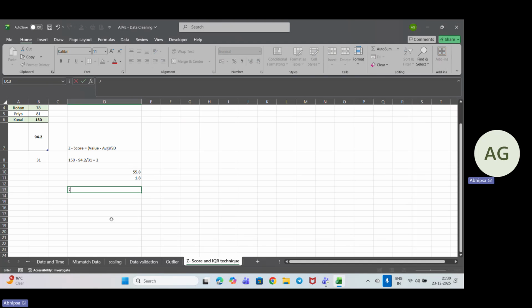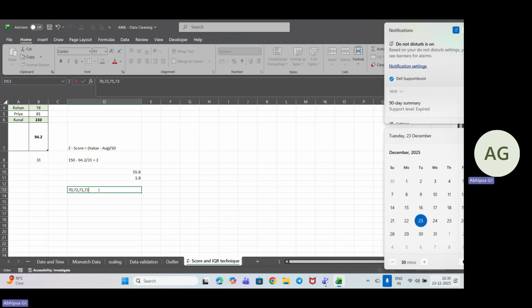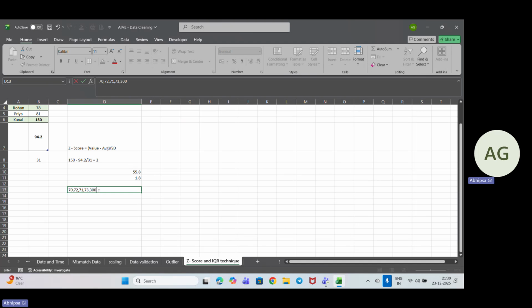70, 72, 71, 73, and we are taking the value as 300. So approximately we are getting this, and we want to add it up.